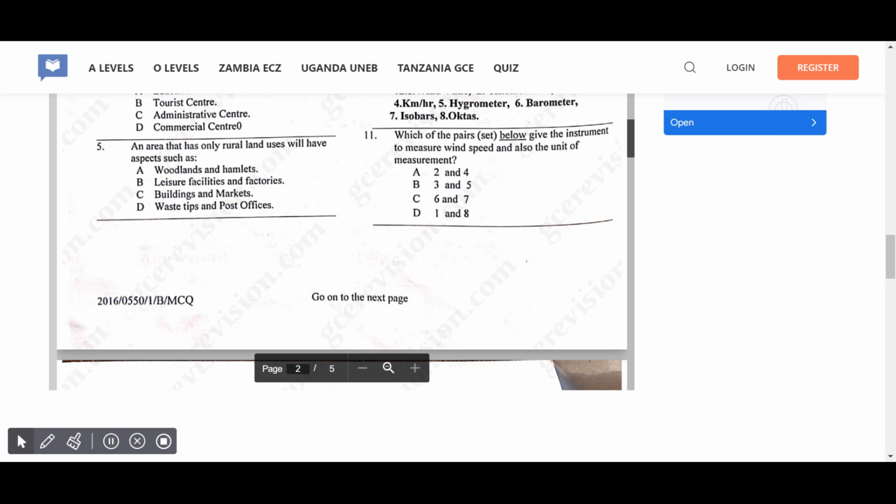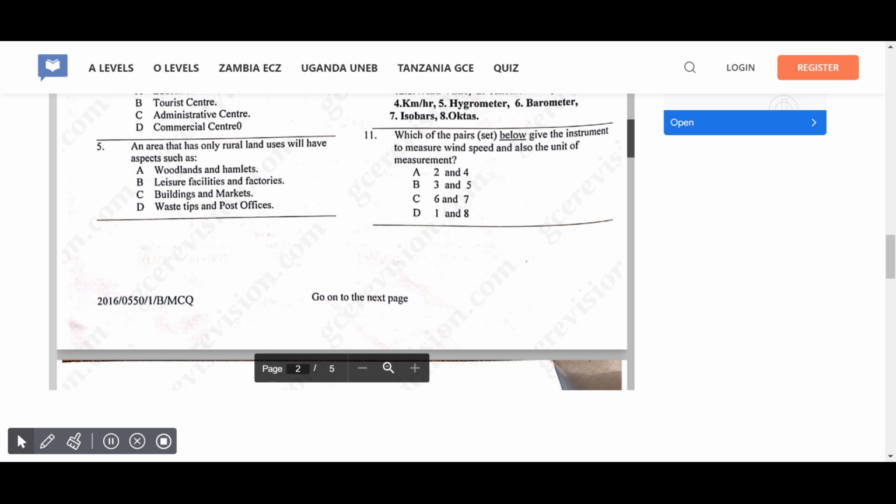Question 5. An area that has only rural land uses will have aspects such as.